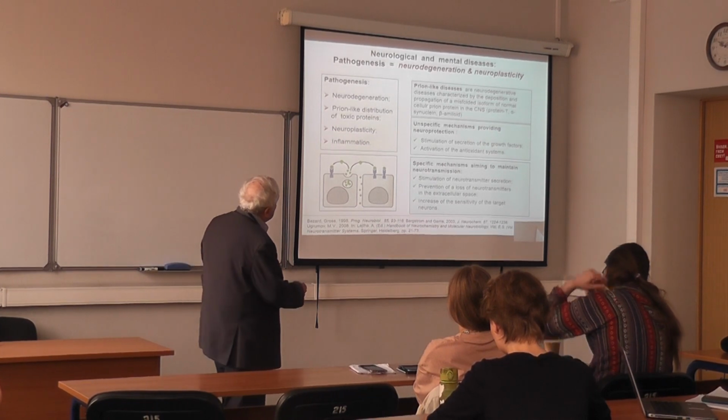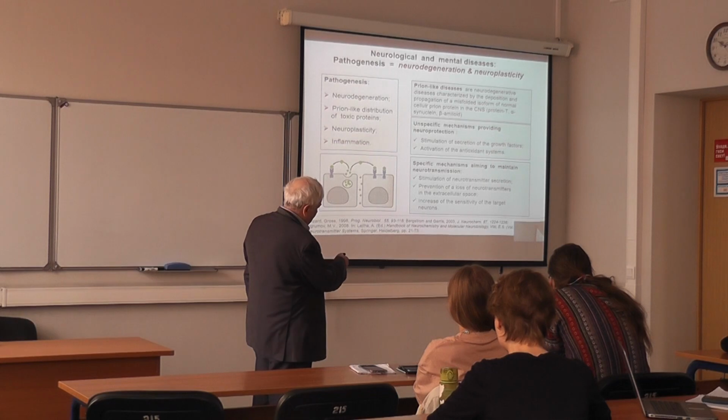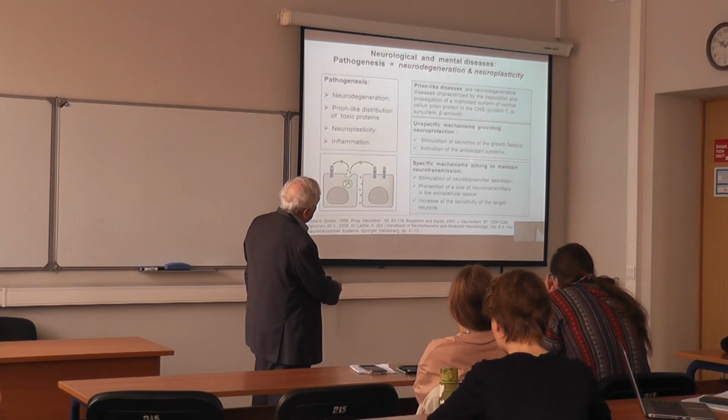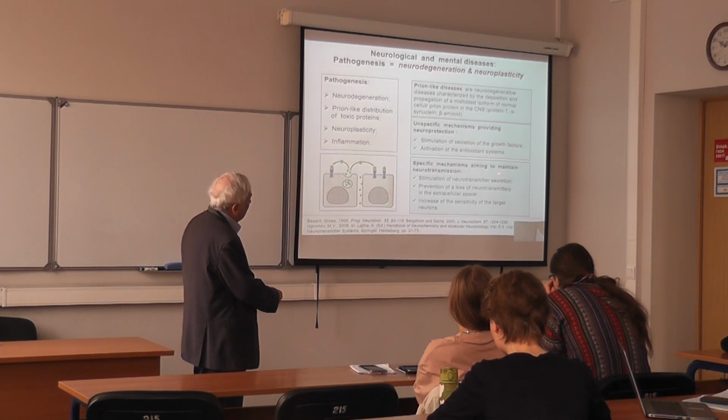Now let's go to the prion-like mechanisms and stimulation of secretion of growth factors. So there are unspecific mechanisms providing neuroprotection: stimulation of secretion of the growth factors and the activation of the antioxidant system. And specific mechanisms of neuroplasticity to maintain neurotransmission: stimulation of neurotransmitter secretion and prevention of a loss of neurotransmitters in the extracellular space.